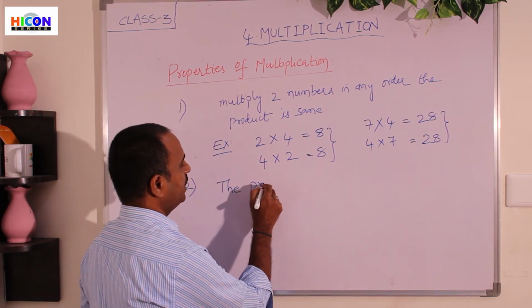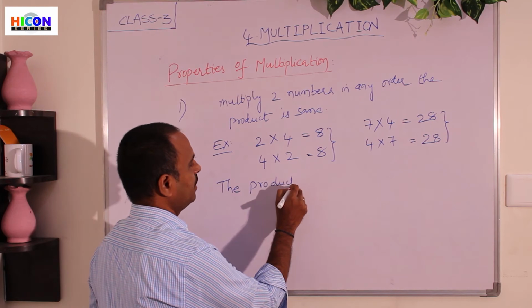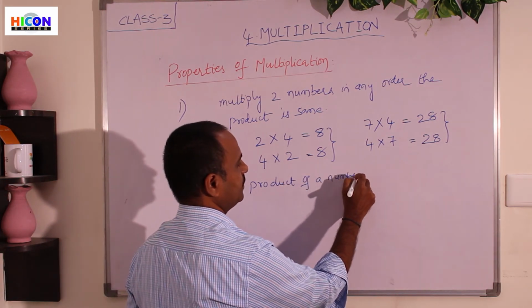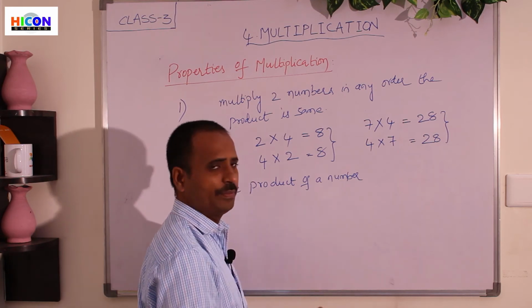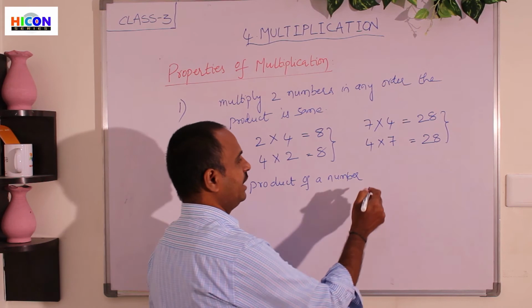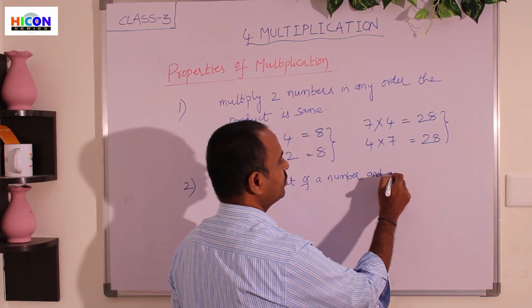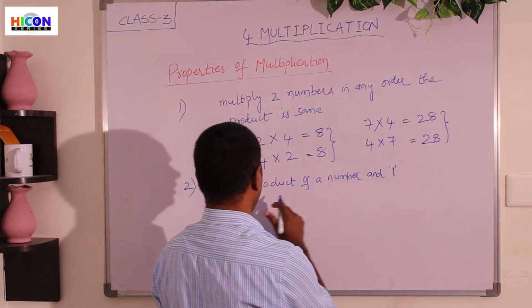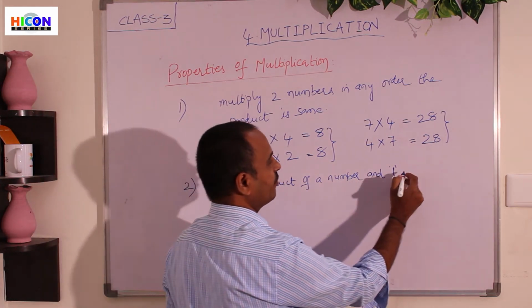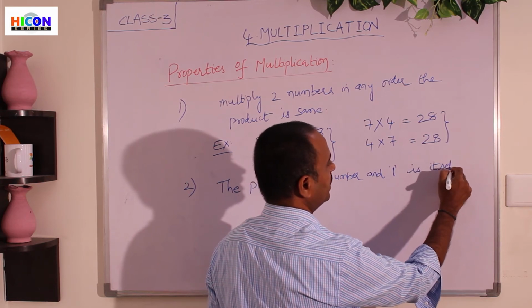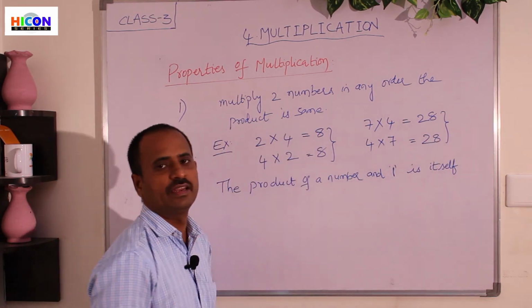The product of a number and 1. The product of a number means any number. If you take any number and multiply it with 1, we will get the same number. The product of a number and 1 is itself.